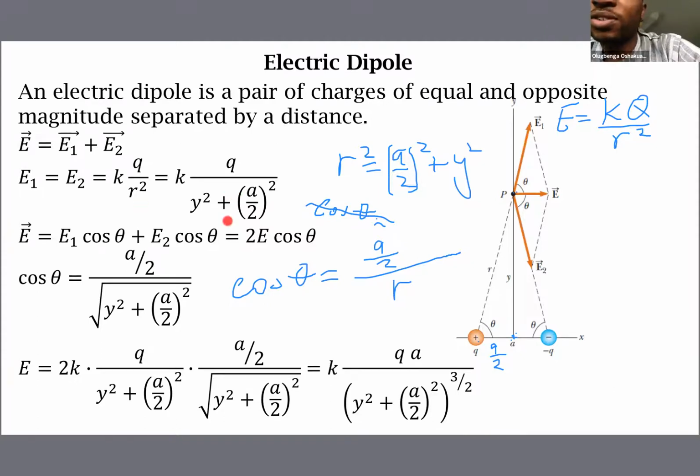Then we have this new equation. So coming back to the first equation, E is equal to E1 cos theta plus E2 cos theta. How did we get that? From our parallelogram law, the angle theta is also applicable within this parallelogram.